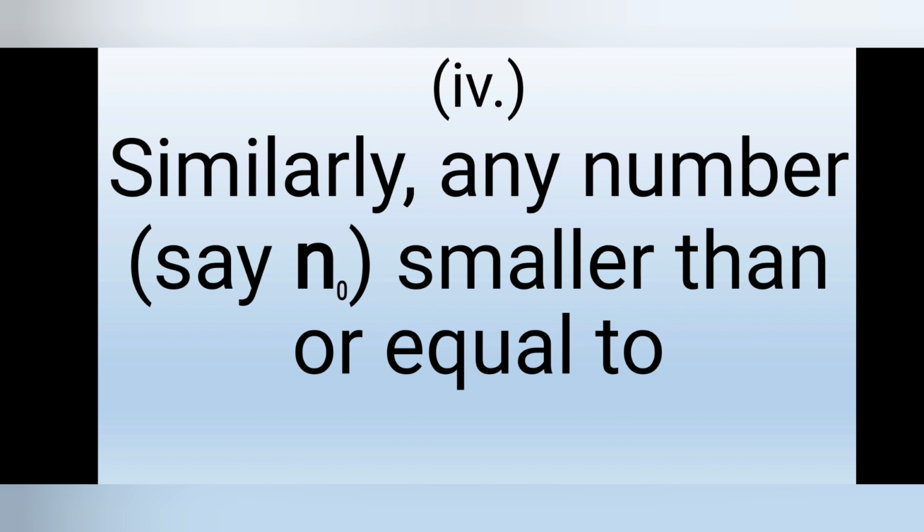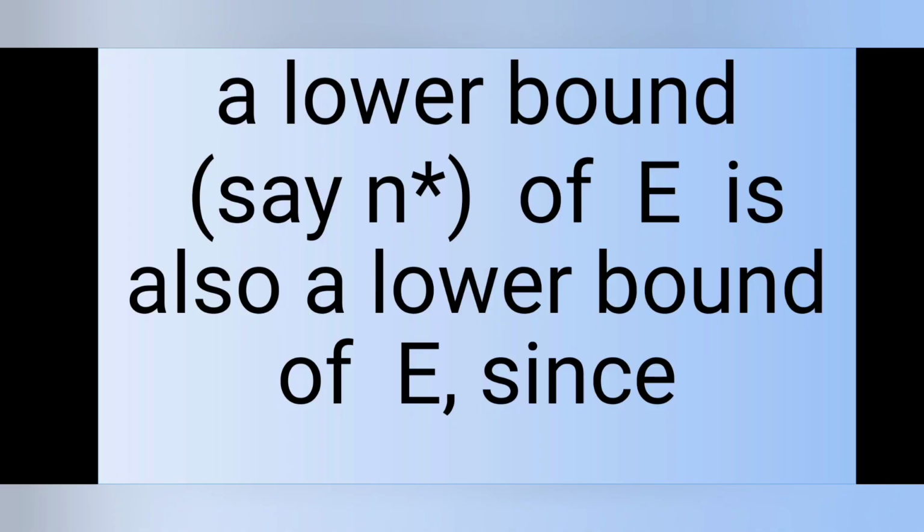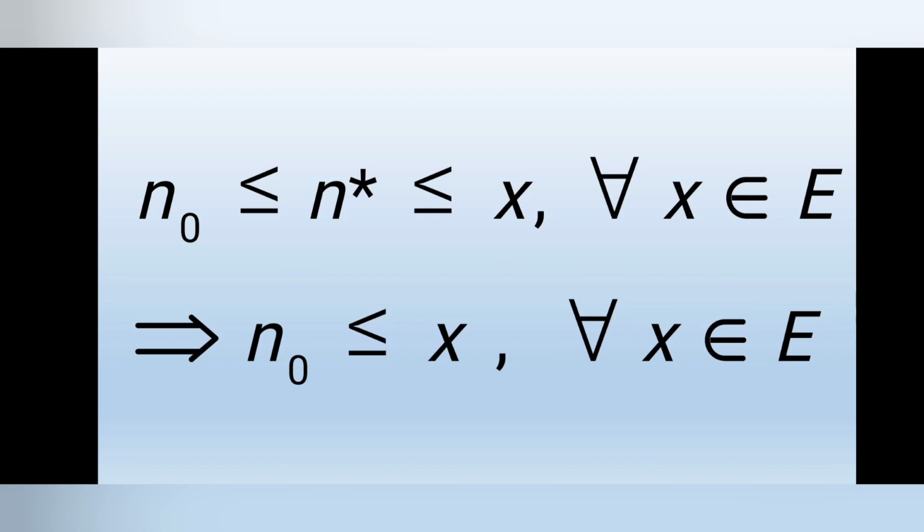Similarly, any number that is smaller than or equal to a lower bound of a set is also a lower bound of that set. What do I mean by that? This simply means that if n star is a lower bound of a set and n0 is any number smaller than or equal to the lower bound, then x is greater than or equal to n star and n star is greater than or equal to n0.